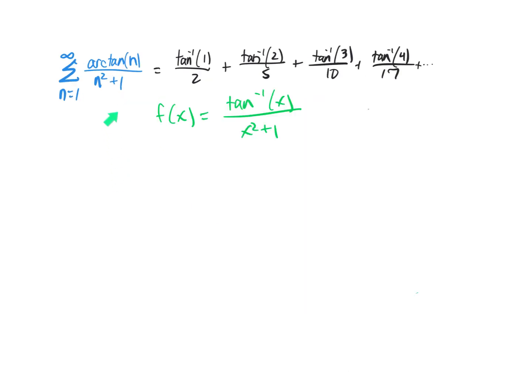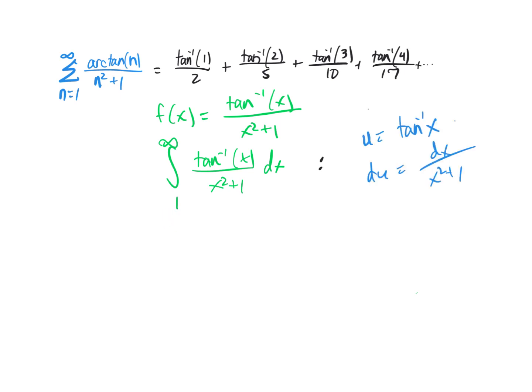Since our conditions were satisfied, the convergence or divergence of our series will mirror the convergence or divergence of the definite integral of f of x as x goes from 1 to infinity. You might be able to just do this one in your head, basically the u substitution. If u is the numerator, then du is dx over x squared plus 1.